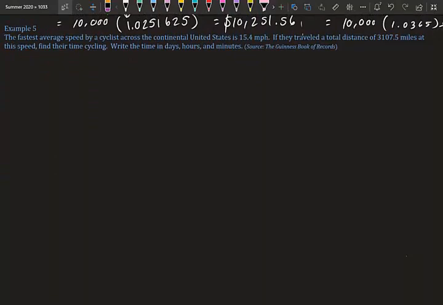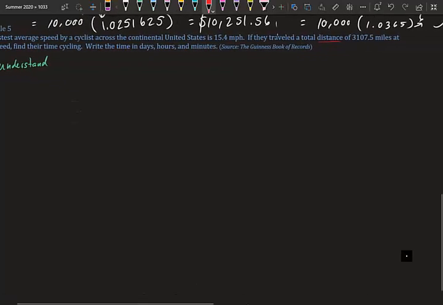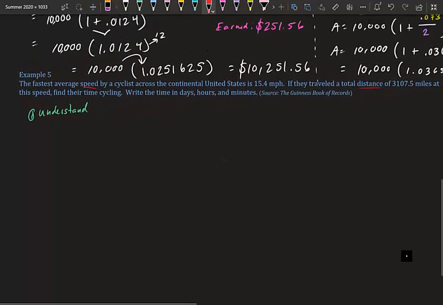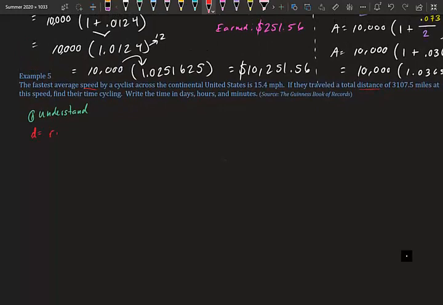So our first step is to understand, meaning we have to come up with some type of formula. We're talking about speed and distance, because it says the fastest average speed is this, and it says the distance is this. So we know we're talking about distance equals rate times time.